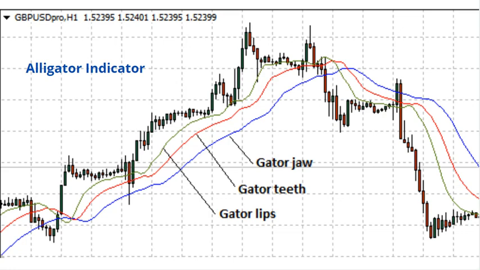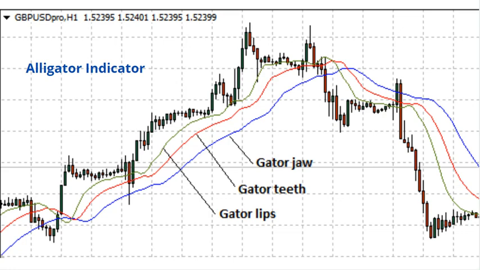This indicator is perhaps Bill Williams' most famous invention. The indicator consists of three balance lines, which are basically moving averages of varying lengths and that are moved forward a certain number of bars into the future.